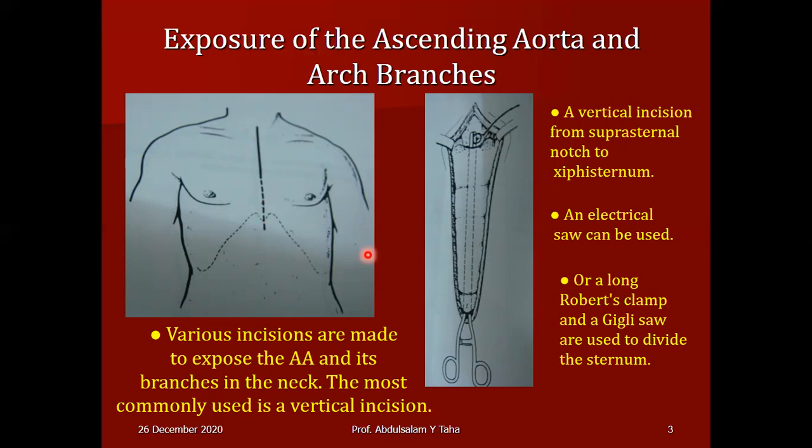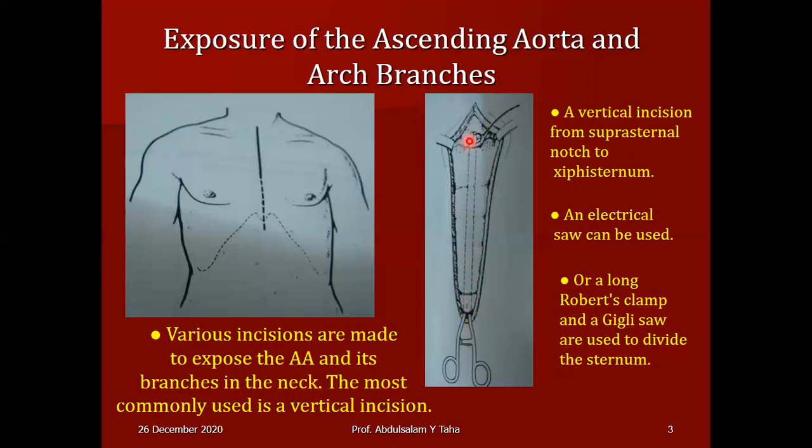However, sometimes if we don't have an electrical saw, we can use another simple method. We do a blunt and sharp dissection in the suprasternal notch to create a tunnel behind the sternum superiorly, and similarly we do a dissection beneath the xiphoid process to create a space behind it, and then we introduce a long straight artery forceps.